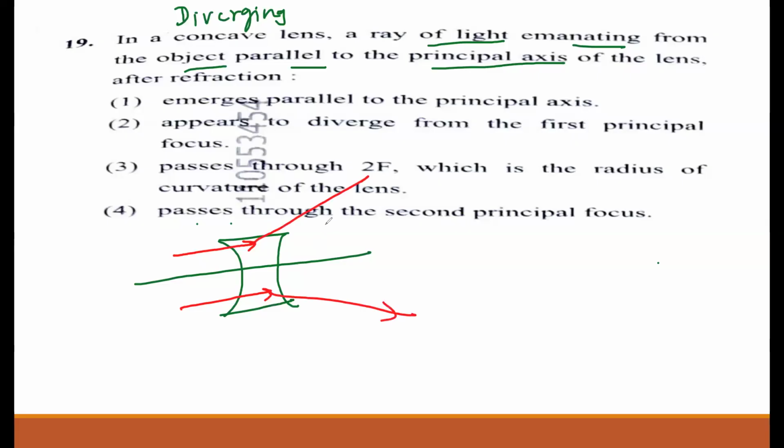So then they cannot really meet. So we have to extend them back and make them meet at the principal focus. So it appears to diverge from the first principal focus. That would be the correct answer.